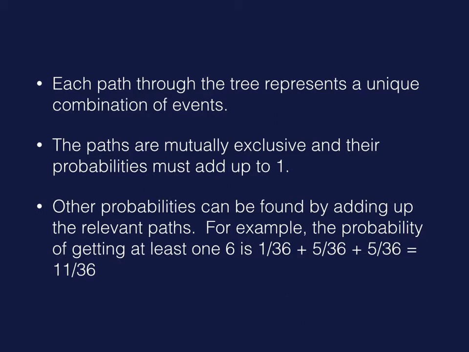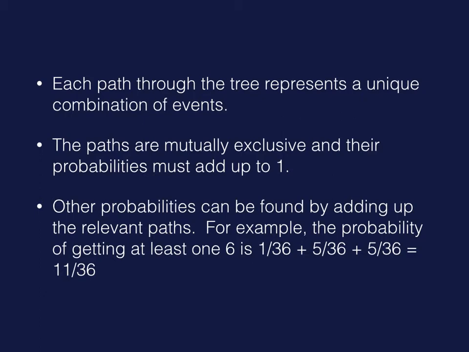So for example, if I asked for the probability of getting at least 1 6, there were 3 paths that have that happen. The first, second, and third path had at least 1 6 in them. So I can simply add up those probabilities to get 11 out of 36, and that is the probability of getting at least 1 6. You'd see the same thing if you looked at the table, but this is how you can do it with a tree.